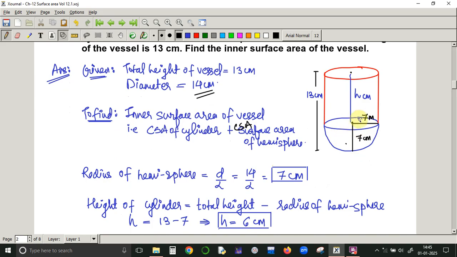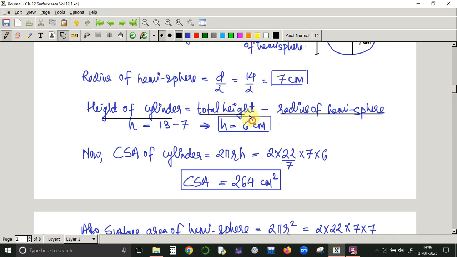Now for hemispherical part, the radius is the height of this hemispherical part. Total is 13. 13 minus 7 is the height of cylinder, that is 6. So height of only cylinder is total height minus radius of hemisphere, that is 6 centimeter.